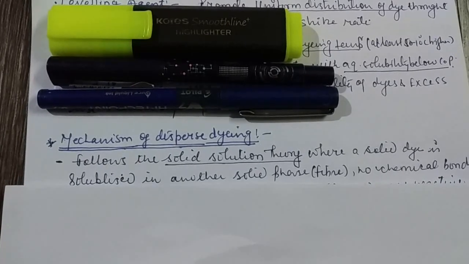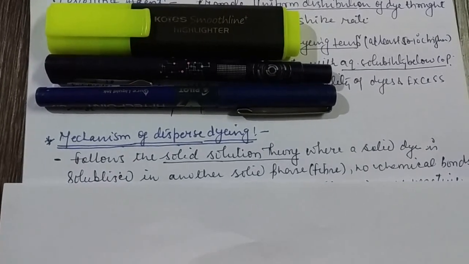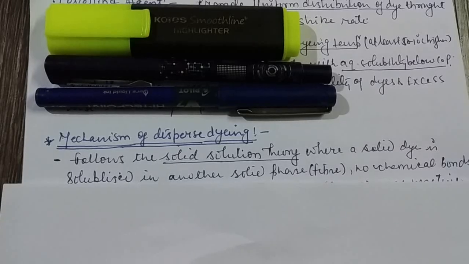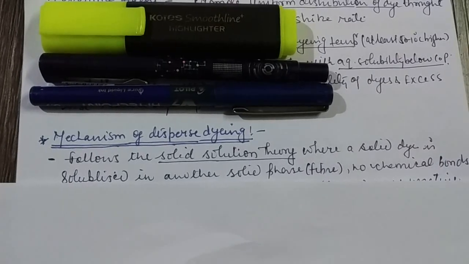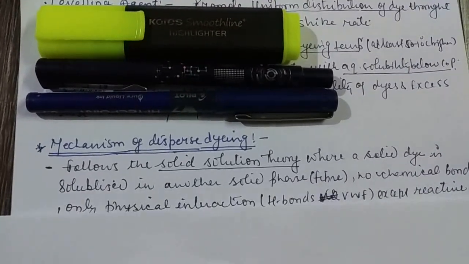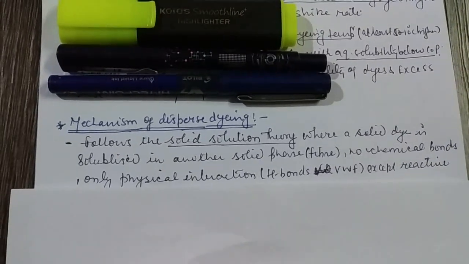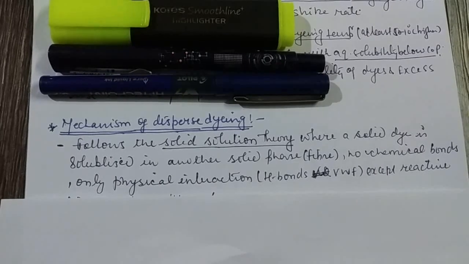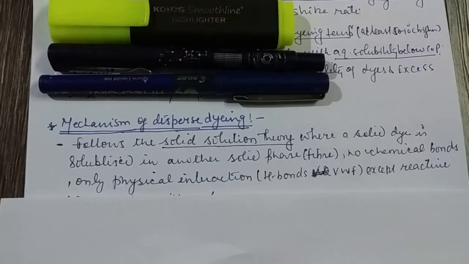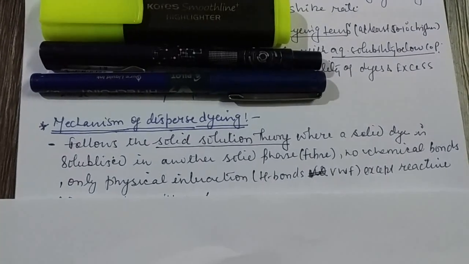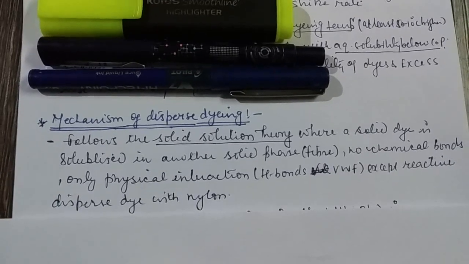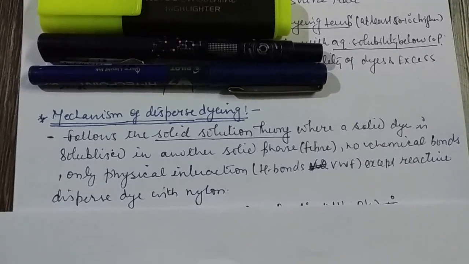Disperse dye on polyester fiber or man-made fiber follows the solid solution theory, where a solid dye is solubilized in another solid fiber phase. There are no chemical bonds, only physical interactions are involved, that is hydrogen bonds and van der Waals forces of attraction, except reactive disperse dye with nylon.